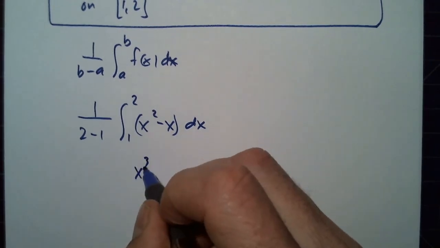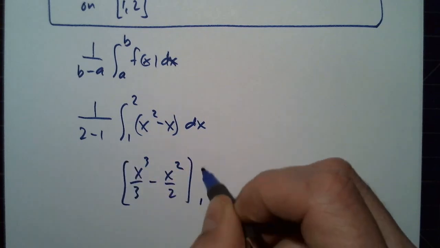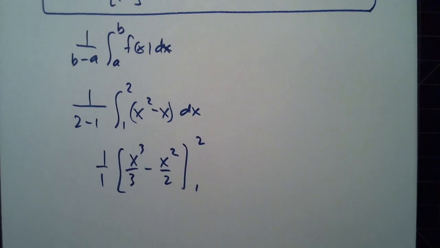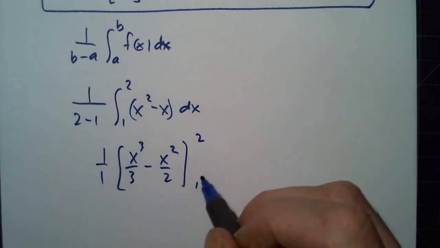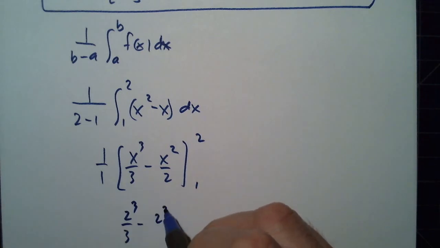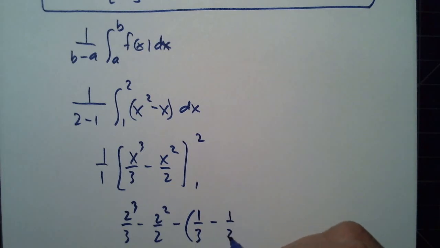And that's x cubed over 3 minus x squared over 2 from 1 to 2, and that's 1 over 1. Substituting the 2, we have 2 cubed over 3 minus 2 squared over 2, and then we have 1/3 and 1/2.